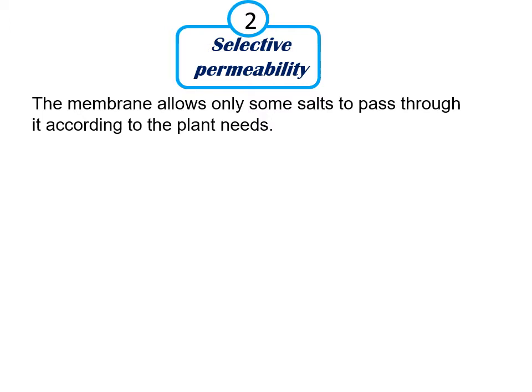It's called selective as the plant can select the type and amount of salts that are allowed to pass inside it. Then it will prevent the others.